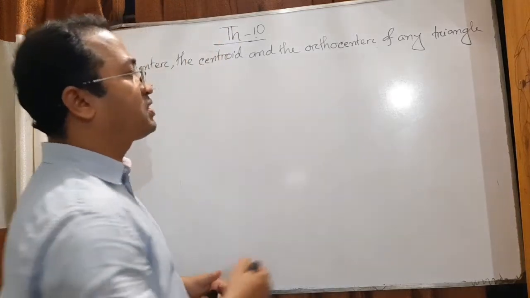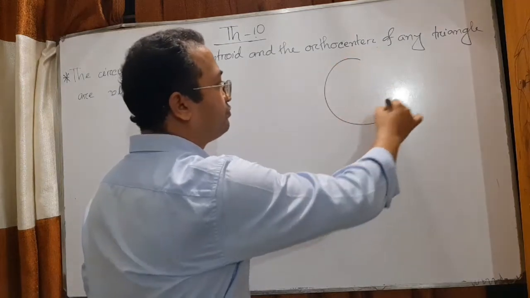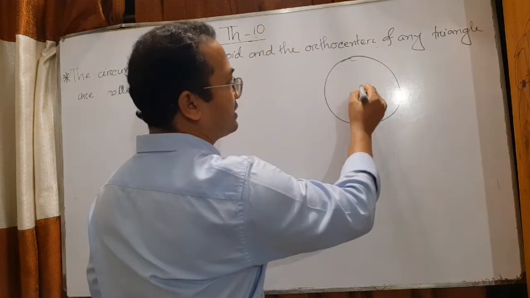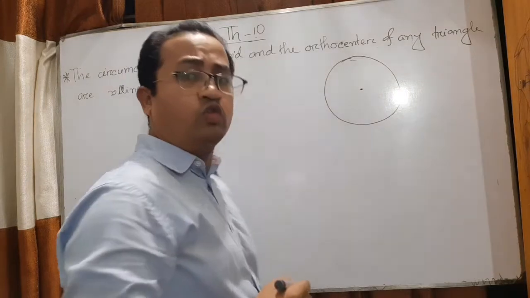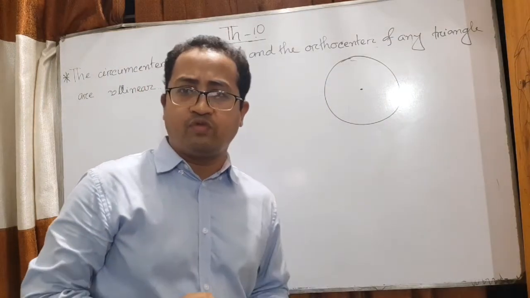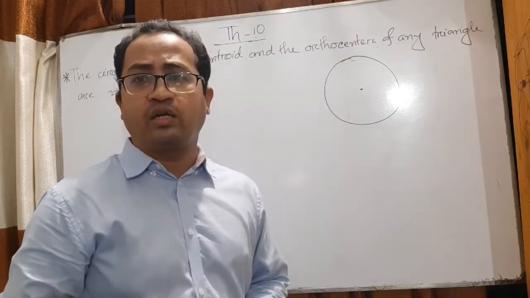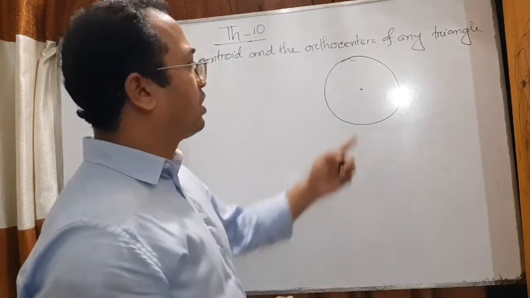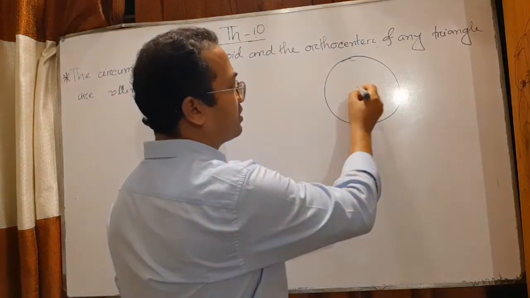How can you draw? Look at the board. At first you draw a circle. It has a center over there. You should use a compass. I have no instrument, that's why I draw by bare hand. Now look, this is the center.